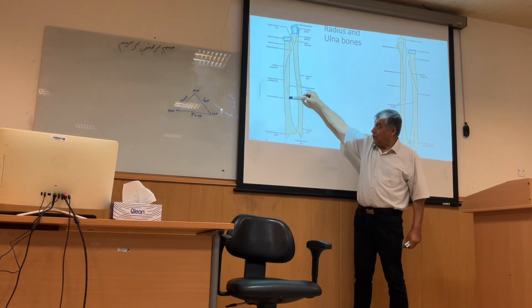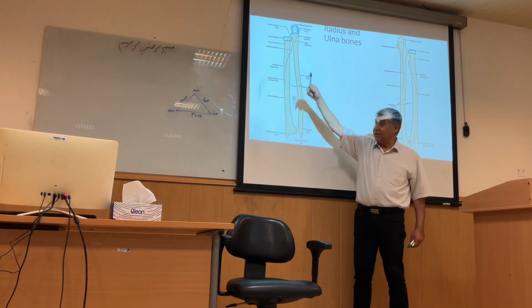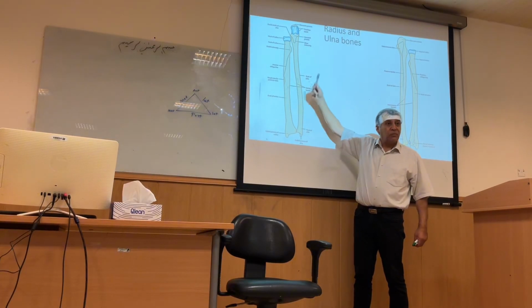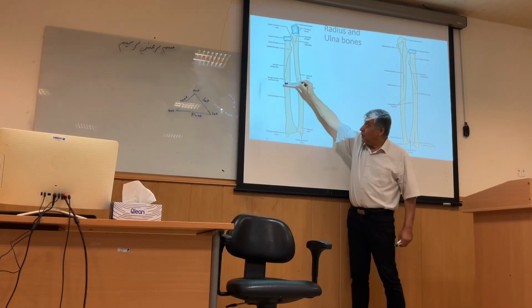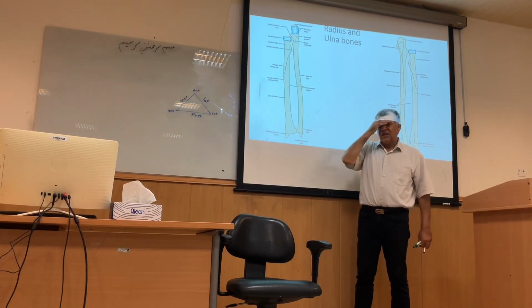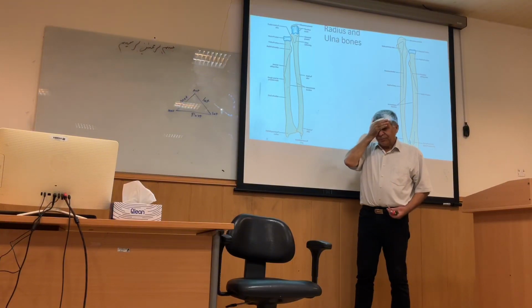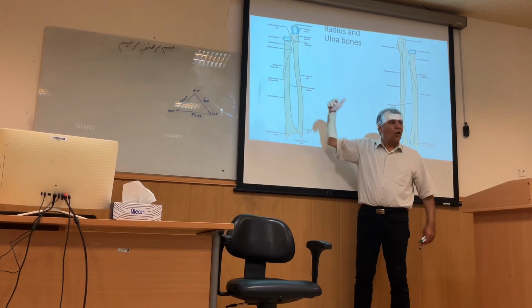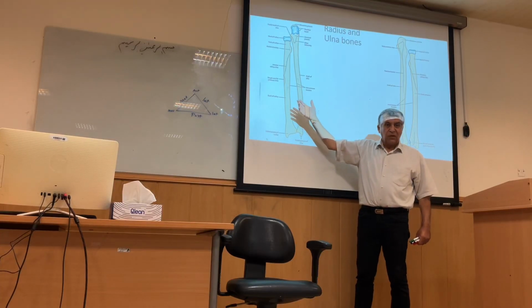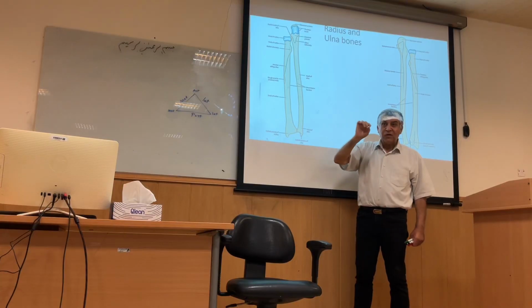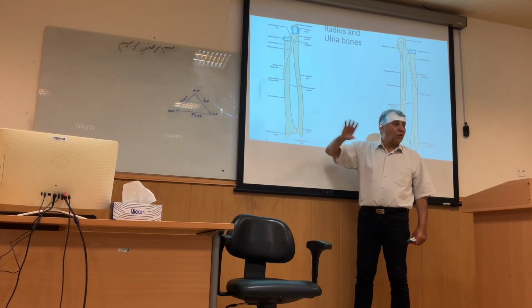The anterior surface is opposite the posterior, and the lateral and medial surfaces are opposite each other. You don't need to memorize all the surfaces and borders, because they are not important. You must memorize the special features, the special landmarks, on each side.